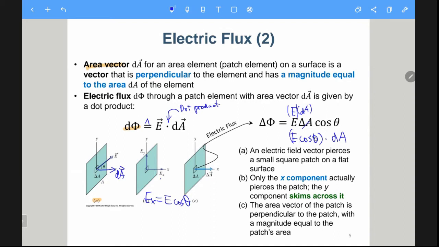So d phi equals Ex times dA. Only the x-axis component actually pierces the patch; the y component skims across it. The area vector of the patch is perpendicular to the patch.